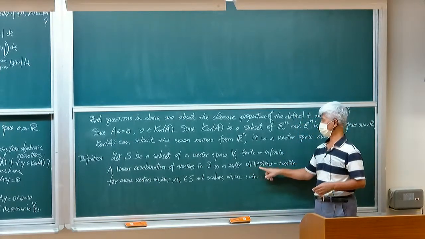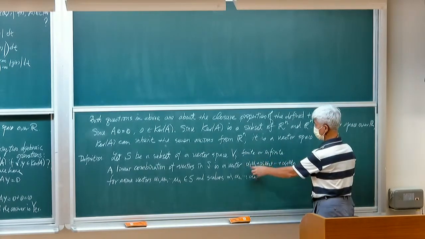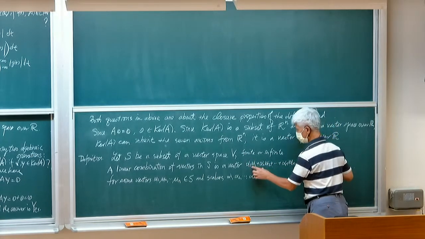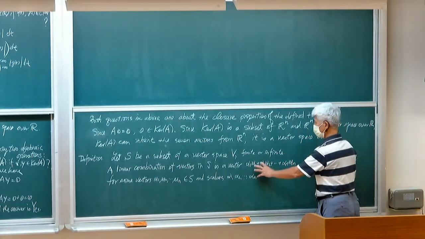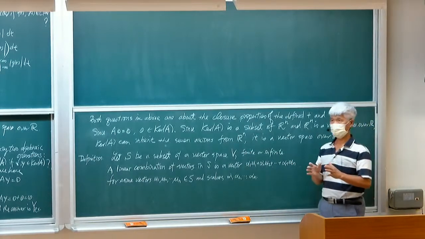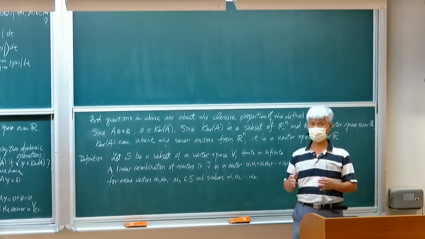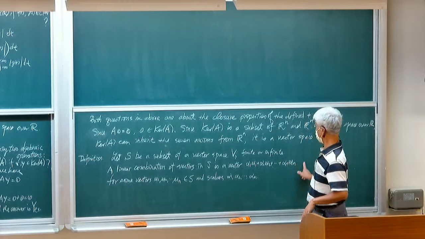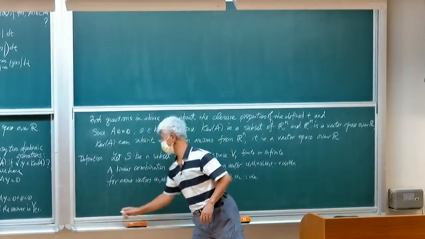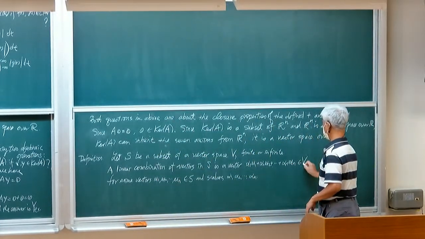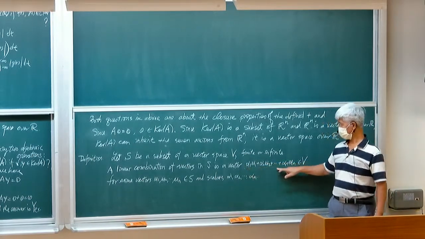By associativity, you can do the sum of the first two terms, and then do the sum with the third term, etc. So we can do the vector addition repeatedly, and by the closure property of vector addition, this linear combination is also a vector in V.